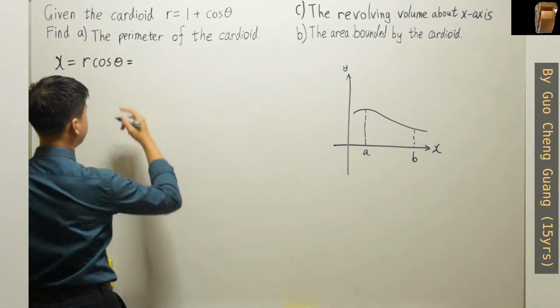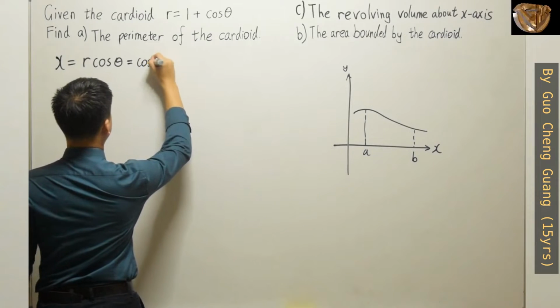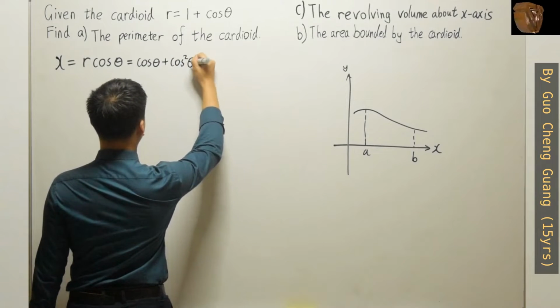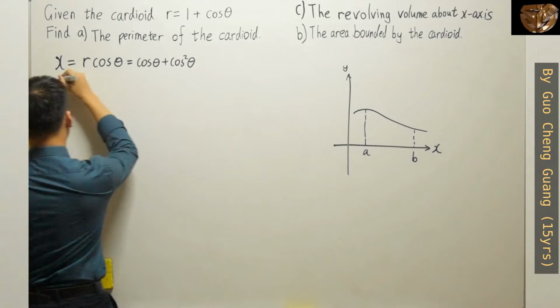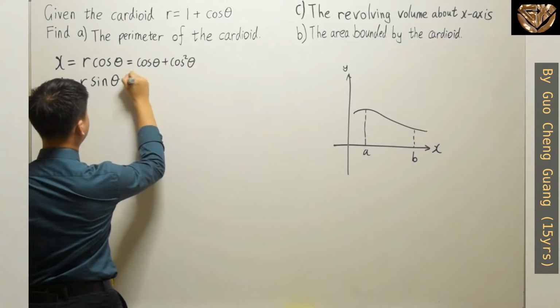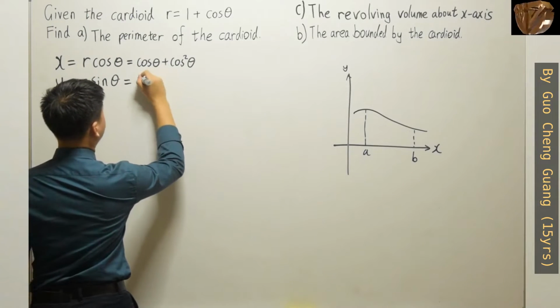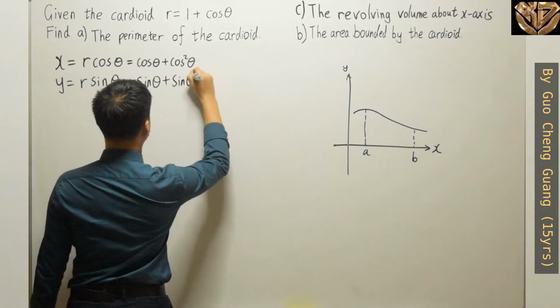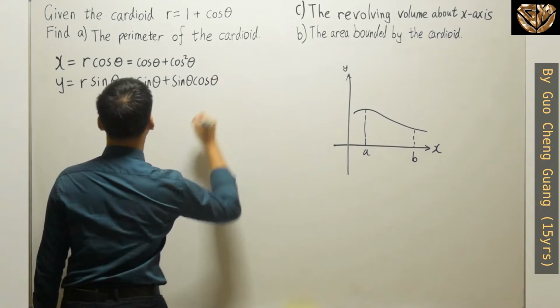So r cosine theta, you can substitute r to get cosine theta plus cosine squared theta. And y would be r sine theta. You could put that in and get sine theta plus sine theta cosine theta.